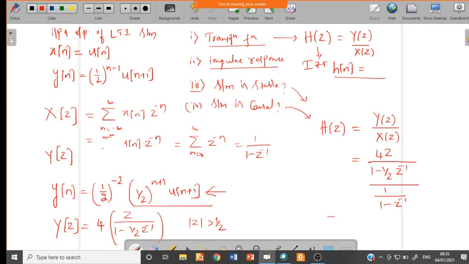So now we can write this as 4z into 1 minus z inverse divided by 1 minus half into z inverse. Now you multiply z inside, so you will get 4z minus 4 divided by 1 minus half into z inverse.